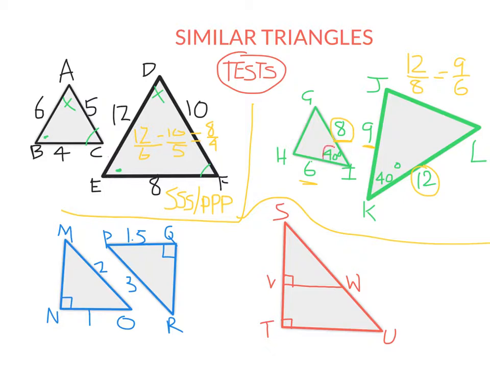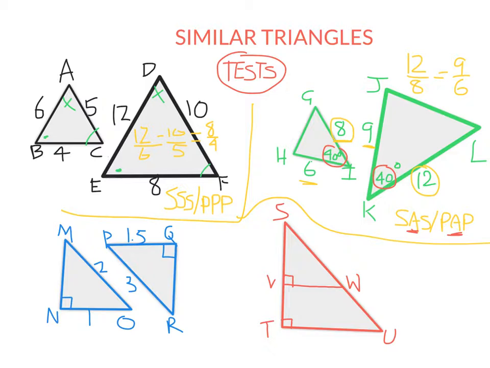So we have two pairs of sides in the same proportion. We also have the angle between them being equal. So this test is called SAS or PAP. It doesn't matter which one you call it. Once again, the P or the S means sides in proportion. Now, this is analogous to the SAS test for congruence. Remember in that, the A had to be the angle between the two sides, and it's the same here.